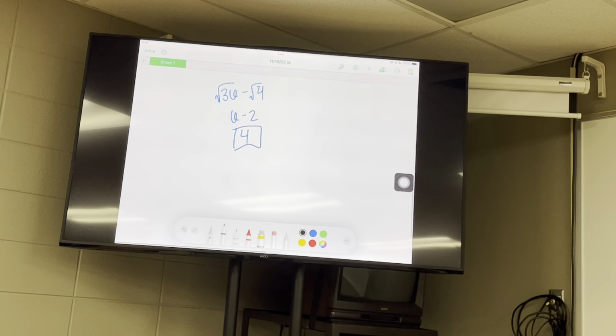Okay, this one's similar. We have the square root of 2x plus 5 squared. What does this mean?